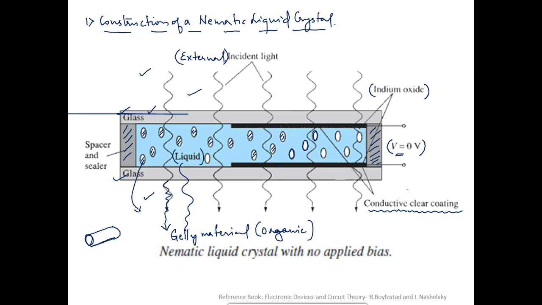Whenever any external bias is applied, they get completely disoriented, due to which whatever light falls on them gets reflected, refracted, and keeps on moving within the crystal structure and gets trapped, so that the display appears dark.